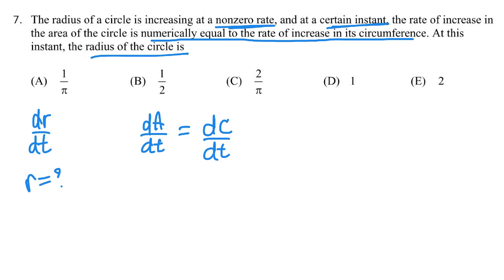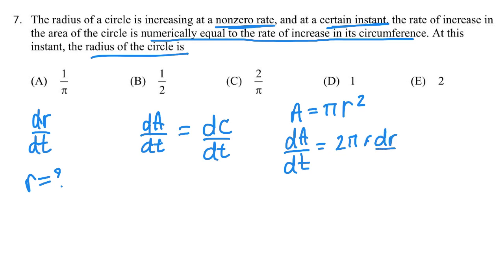Well, let's see. I know the area of a circle is pi r squared. And so if we find the derivative, we find that dA/dt is 2 pi r dr/dt. And let's see, the circumference.